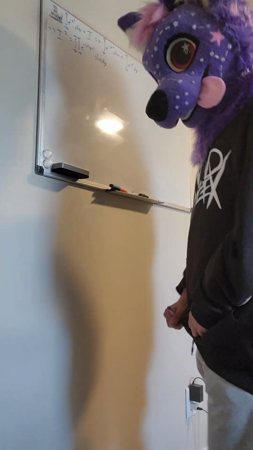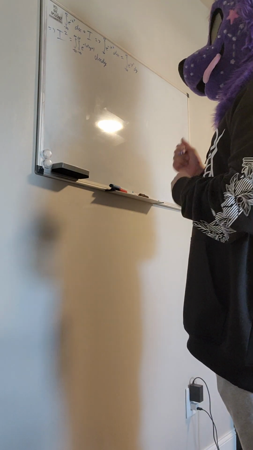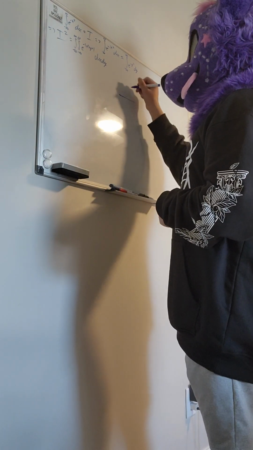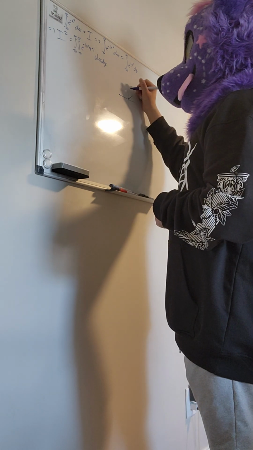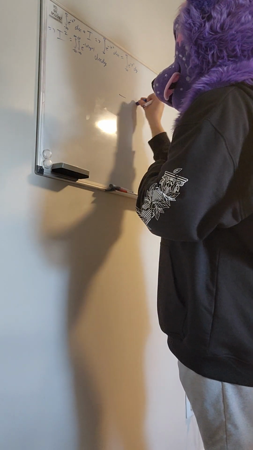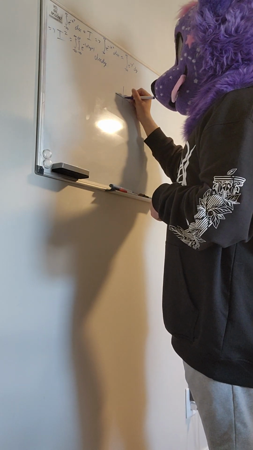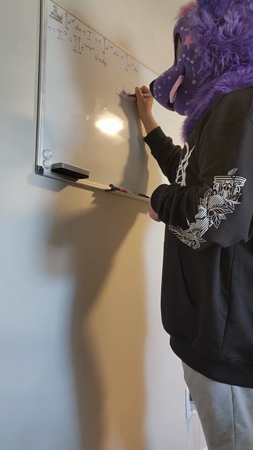Now, what do we do from there? Well, we actually have to take this into something called cylindrical form. So there's something called polar form. Cartesian is the normal one, which is an x distance and a y distance.